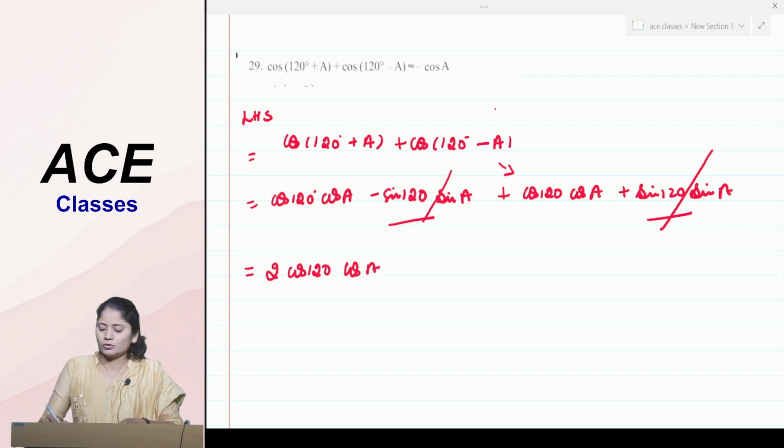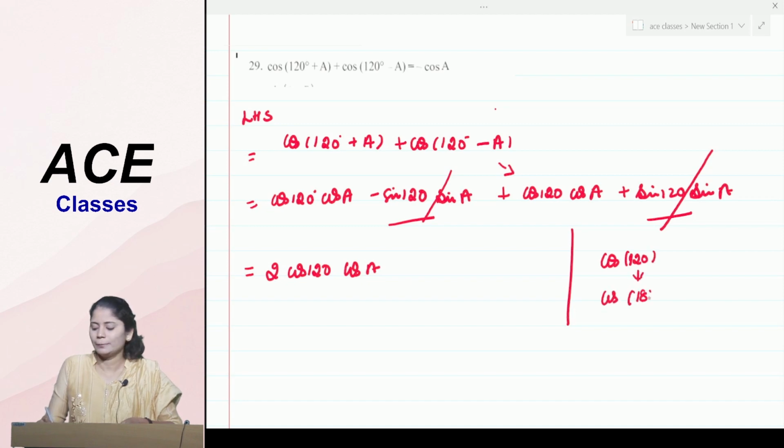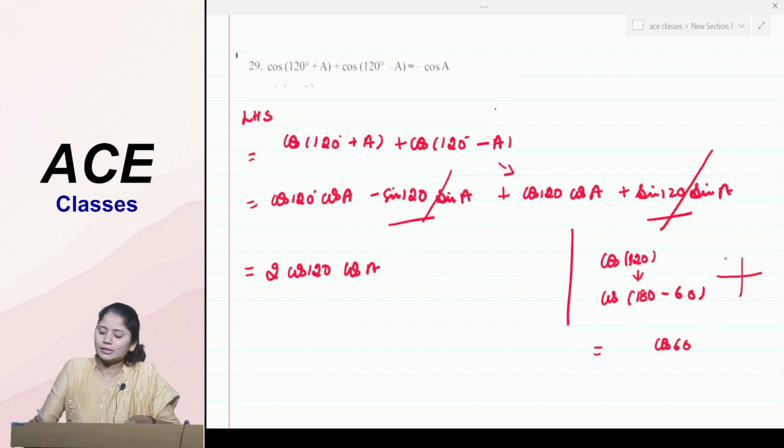So just find out the value of cos 120 degree. I will write this as cos of 180 minus 60. Cos of 180 minus theta is cos theta itself in magnitude, since this 120 lies in the second quadrant, and according to the ASTC rule cos is negative.